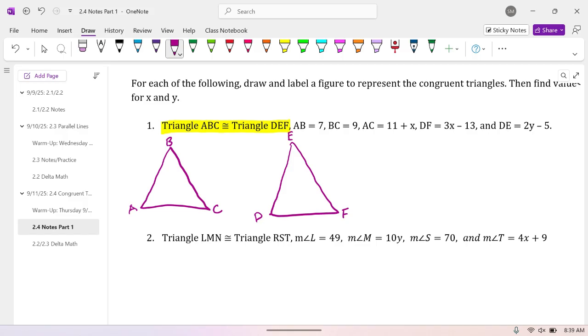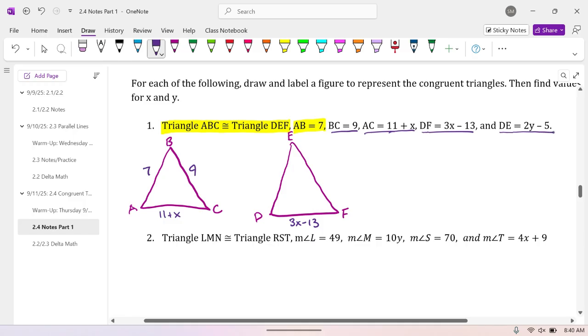Now they give us a bunch of information that we need to label. So they said AB is 7, BC is 9, AC is 11 plus X. DF is 3X minus 13.